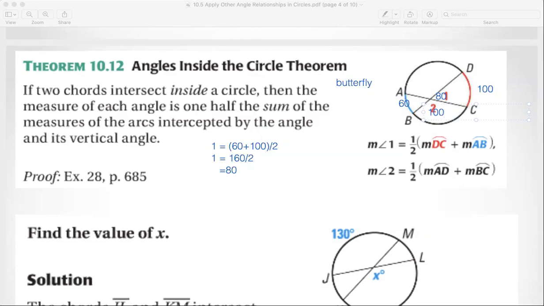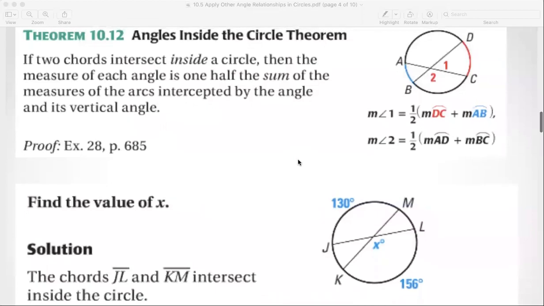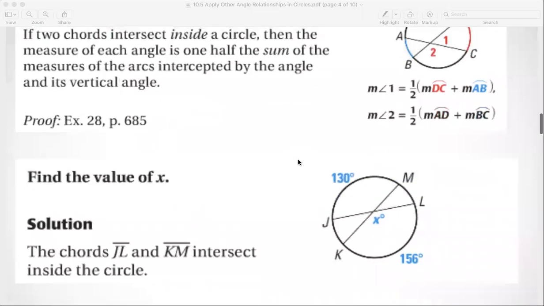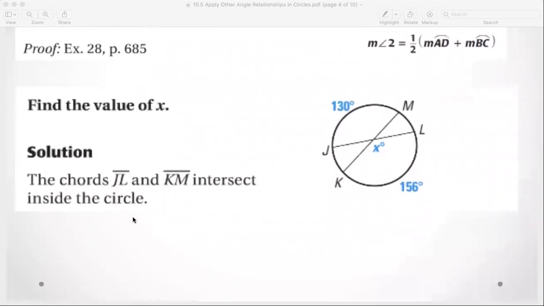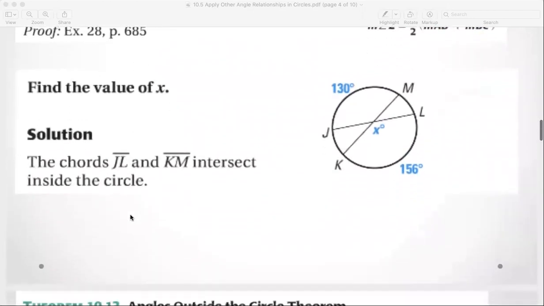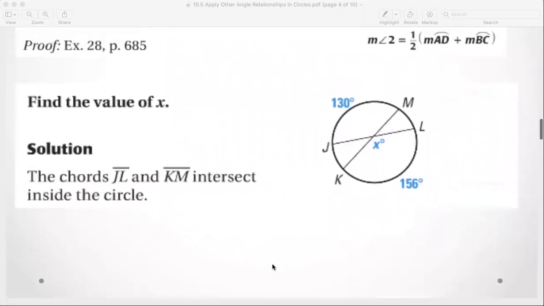Okay, so I'm going to clear this, and we're going to do this first example down here. I got caught off because it has the solution there, but that's not quite a solution. Don't worry about that. We just want to find the value of x. I didn't post the solution because we're going to work it out. Okay, so x is going to be the average of your two arcs.